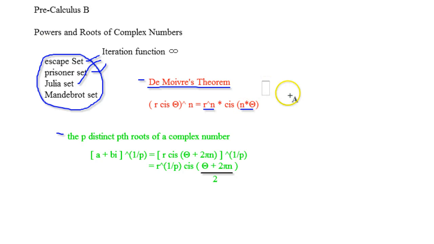For example, if we had 2 plus 2 root 3 i, and we raise that to the 6th power, how would we do that? First we would convert this to polar, so r would equal the square root of 4 plus 12.